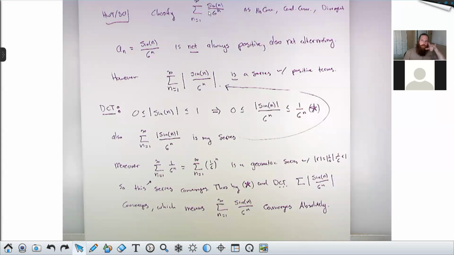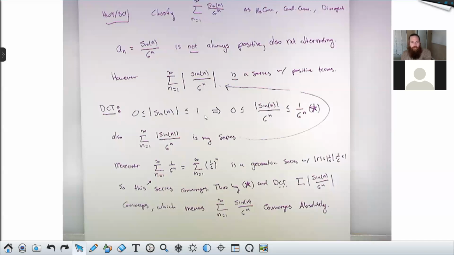But if you take absolute values inside and then use a direct comparison, this becomes easy. And the hint to do that is that the numerator is bounded, right? Sine n is always bounded between -1 and 1. So its absolute value is always bounded between 0 and 1. So that's the strong hint that this series behaves a lot like the 1 over 6 to the n series.